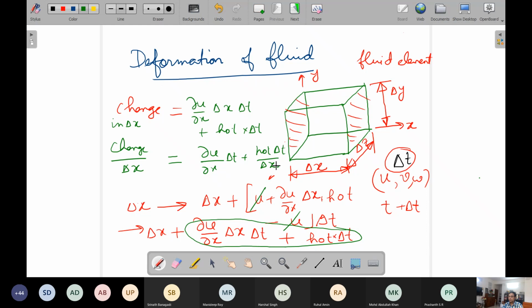See the first term in the right hand side. It is proportional to delta t. So you allow more delta t, I mean, instead of delta t, you make it a large time. You will see more and more change. So that is not a matter of interest because anyway, you allow more time, the deformation will be more.